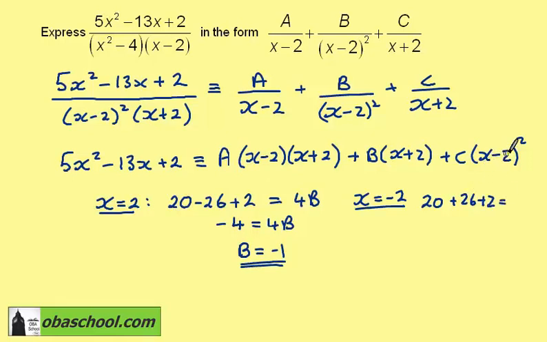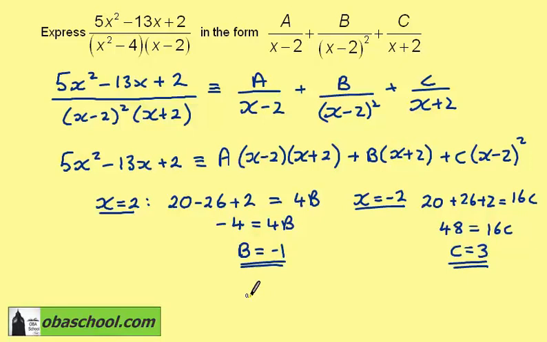Minus 2 take away 2 is minus 4, and squaring that gives 16. So we have 16 c's. This gives me 48 is 16 times c, and therefore c is equal to 3.